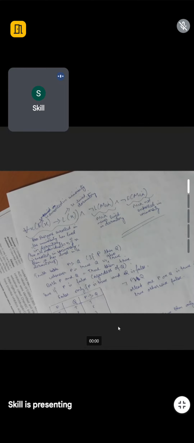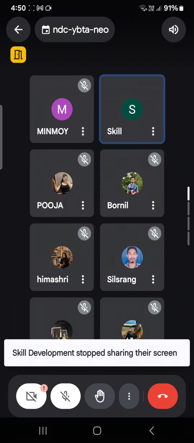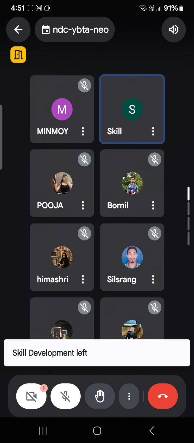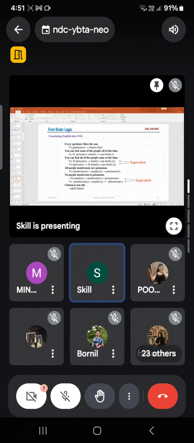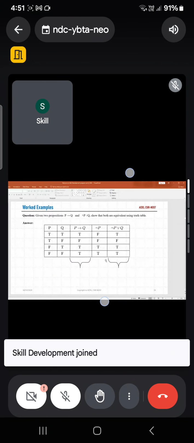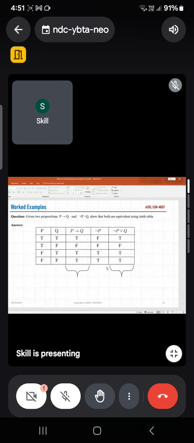Now we will see the truth table. In Boolean algebra also, you have seen that we can explain in a truth table.